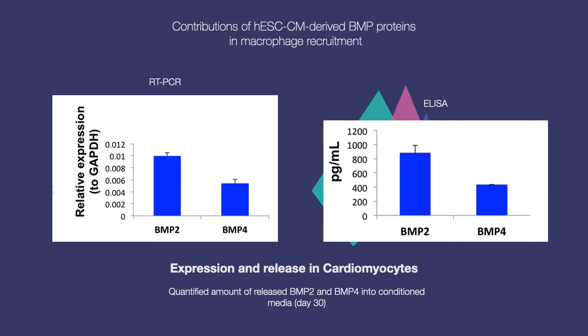The real-time PCR graph on the left gives you an expression level relative to glyceraldehyde 3-phosphate dehydrogenase, and then the ELISA will give you a secreted amount of the BMP molecules. In both cases, they found that BMP2 was expressed and released higher.